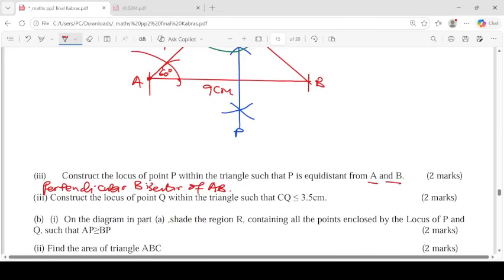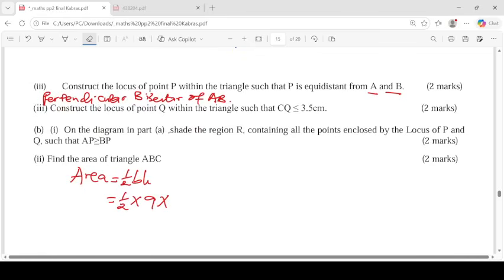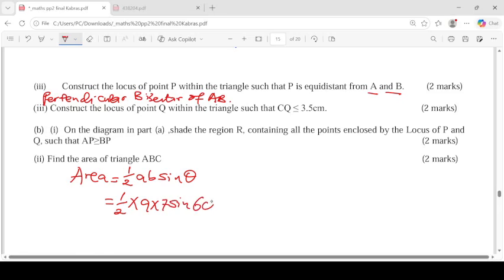I can use a half AB sine theta. Let me use that one. I think that one is much simpler because we have 2 sides and an angle in between. That is the most appropriate formula to use without struggling. I'll say area is equal to a half AB sine theta. So this will be a half times 9 times 7 times sine 60.